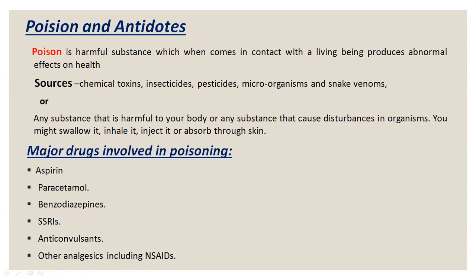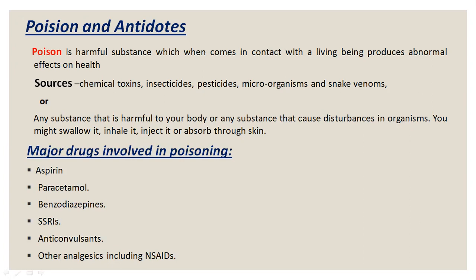So what is another definition of the poison? Any substance that is harmful to your body, or any substance that causes disturbances in your organism, is called a poison, when you swallow it, inhale it, inject it, or absorb it through the skin. कधी जेव्हा तुम्ही जर ते गिळाला असाल, किंवा इनहेल केला असेल, किंवा इंजेक्शनद्वारे दिलं असेल, किंवा तुमच्या स्किनवर ॲब्सॉर्ब झाले असेल, तेव्हा they can produce the harmful effect in your body as well as cause disturbances in your organs.